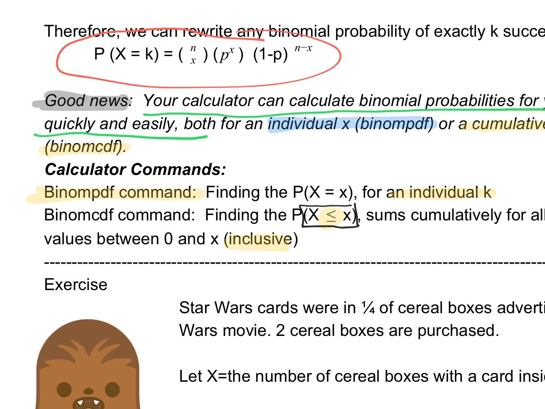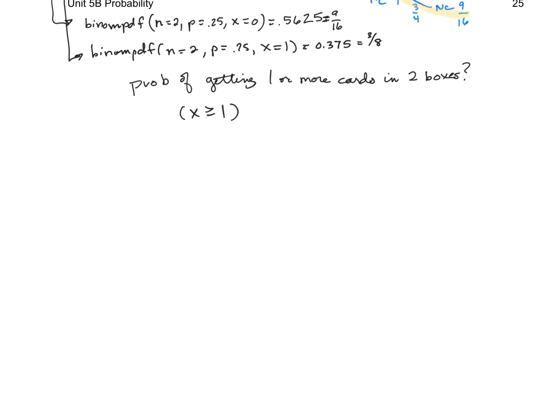So this is what I suggest you do. You just subtract from 1. I want you to think about it this way. Yes, that's exactly what you would do. But look, we've got 2 possibilities, don't we? If we want greater than or equal to 1, binomial CDF will only do what?